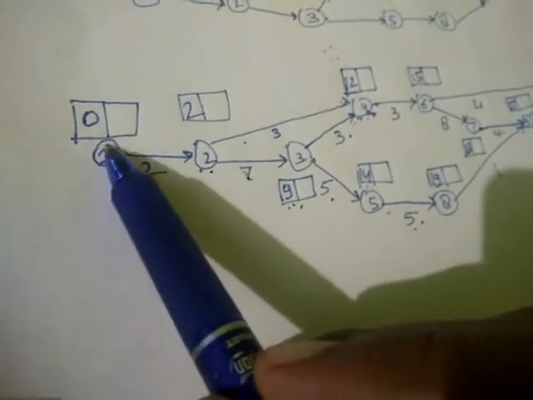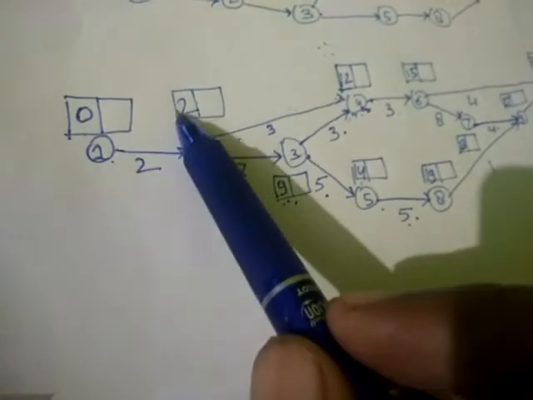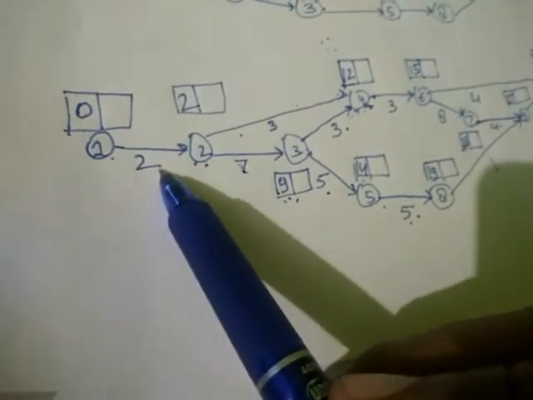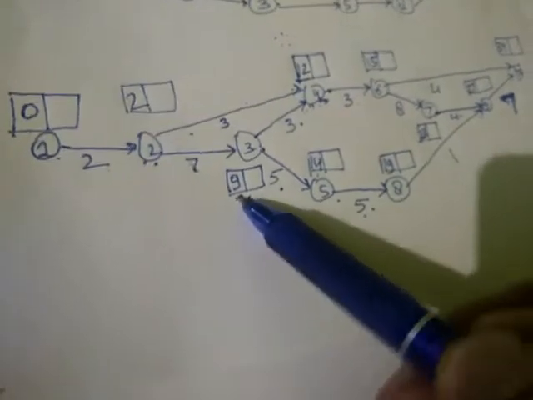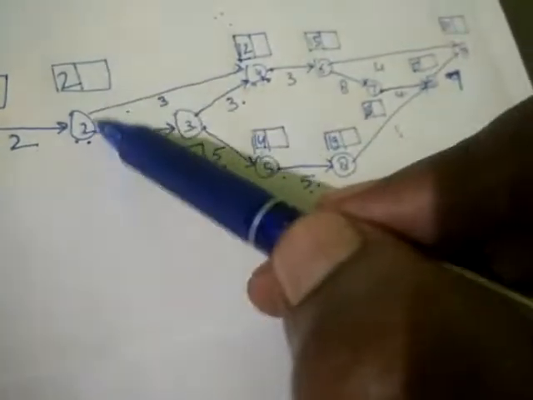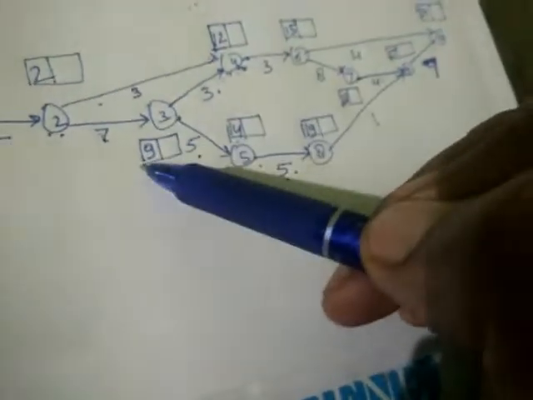Now in forward pass method we are just adding the activity time. 0 plus 2, 2. Then 2 plus 7, 9. And whenever there is any merge event, we will take greater number, and I told you the logic behind that.